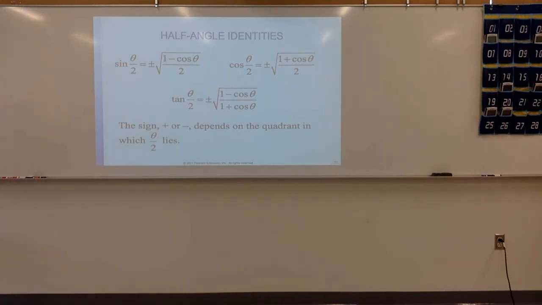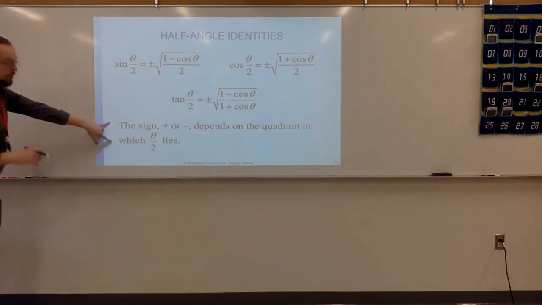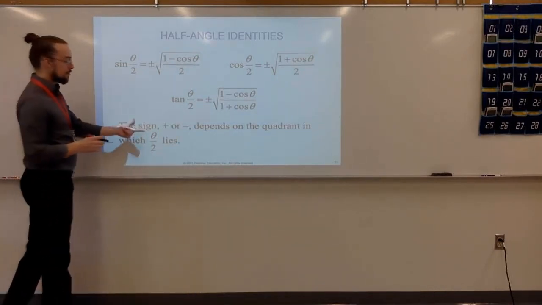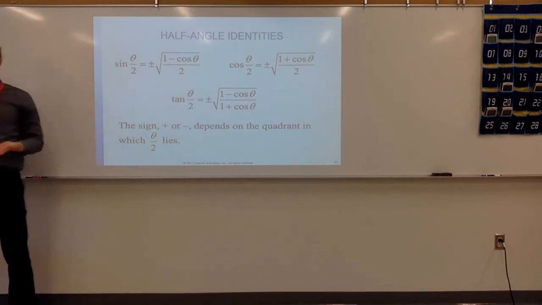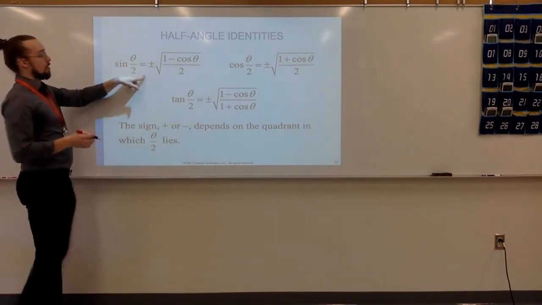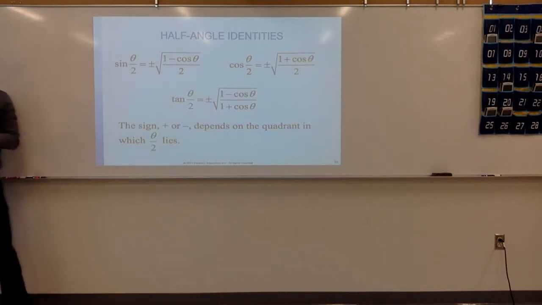So in addition to the formulas, make sure that you write down this sentence underneath as well. Okay, this is important to determine whether our value should be positive or negative. So if our angle in question lies, for sine, sine is the y value, right?